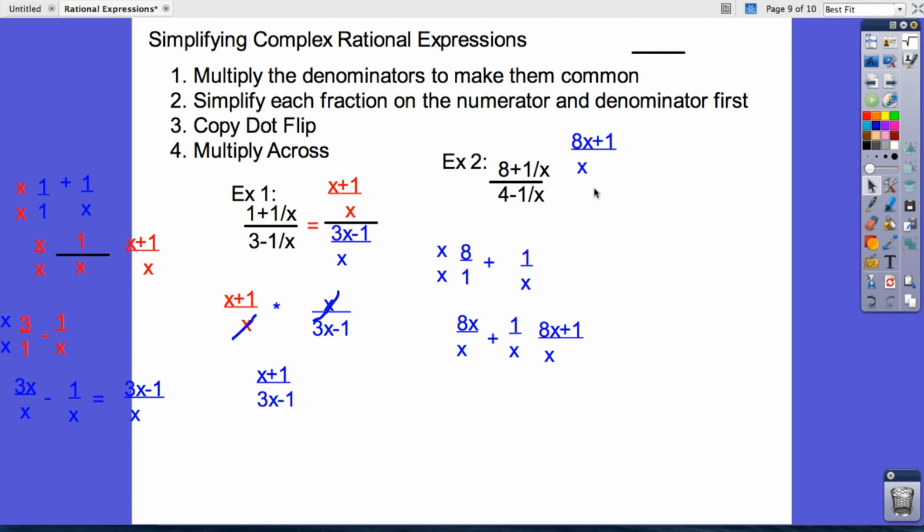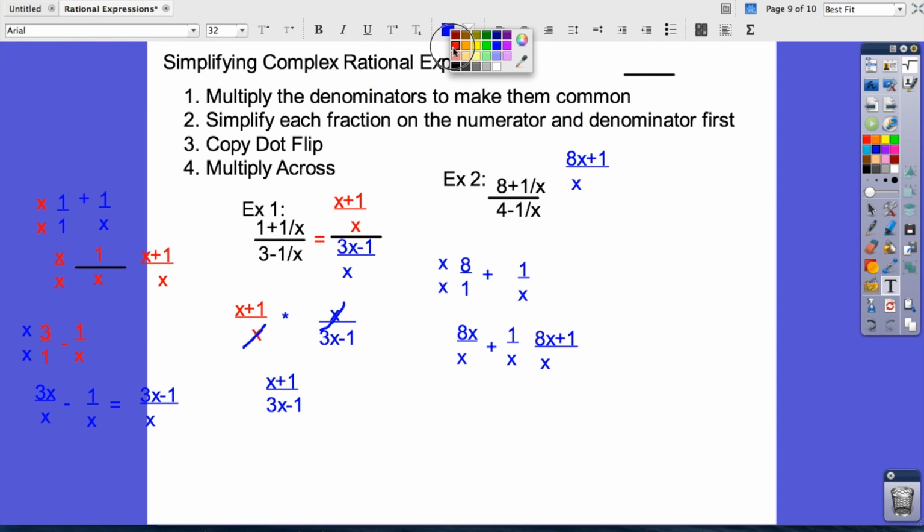And then for the denominator, we'll do that in red. So we have 4, or 4 divided by 1, minus 1 divided by x. So again, we need to multiply by x on the denominator and numerator.